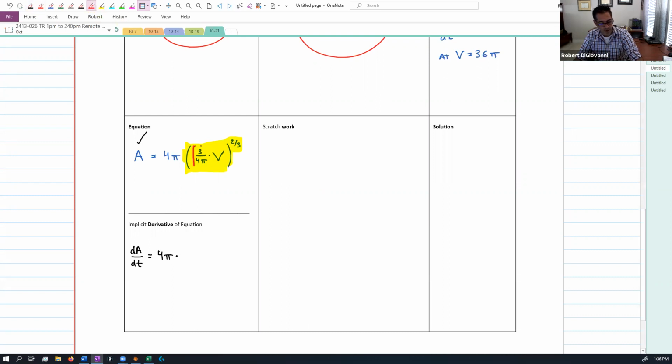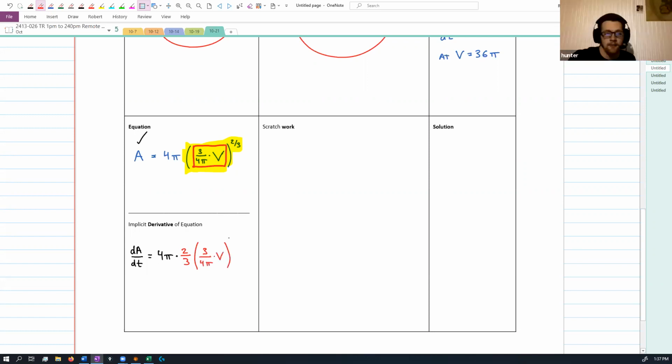You have a bunch of stuff here raised to the 2/3 power, right? So when you differentiate something to the 2/3 power, you bring your 2/3 out. And then it's all that stuff to what power? Negative 1/3. You subtract 1 from the power. So 2/3 take away 1 is negative 1/3.